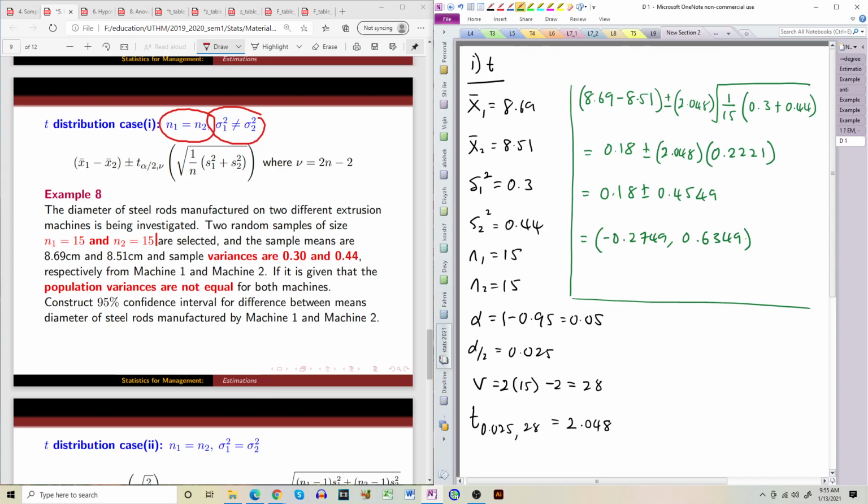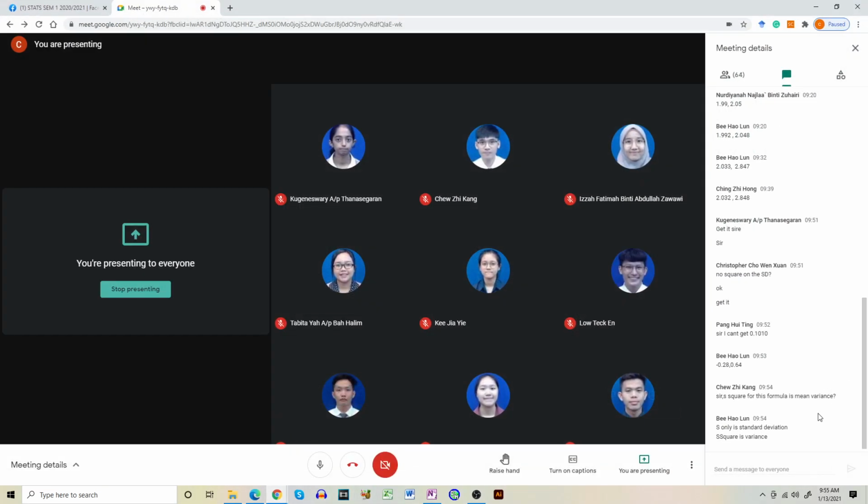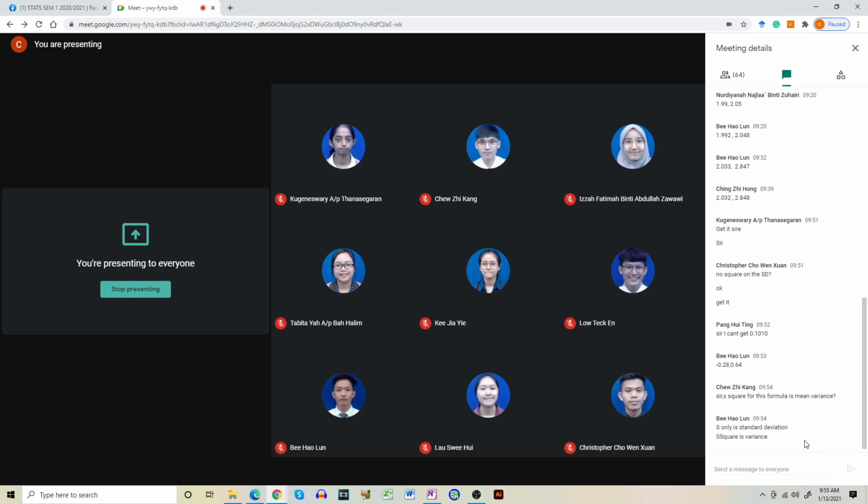Yeah, I got it. Okay, that's good. Yeah, you are right. S only is the standard deviation, S square is the variance. So the formula uses the variance. S square is a variance. Zikang.